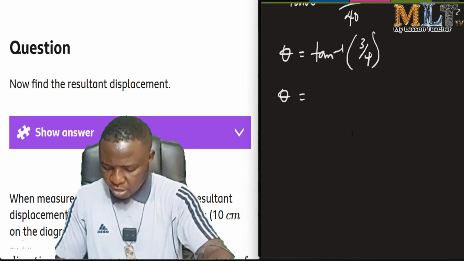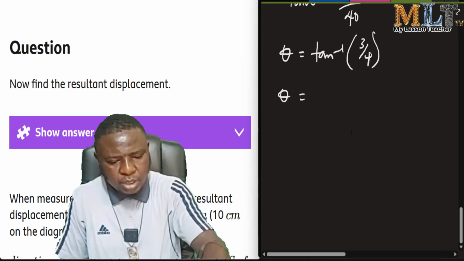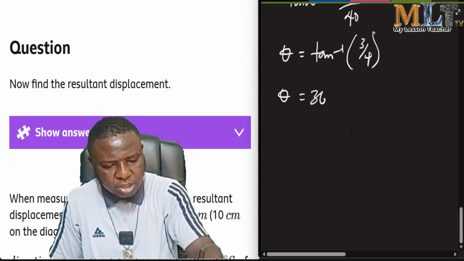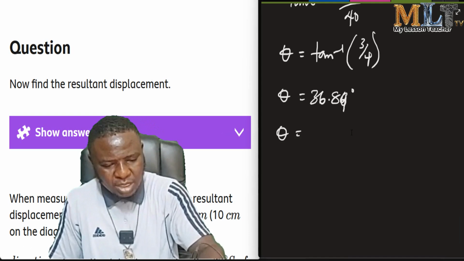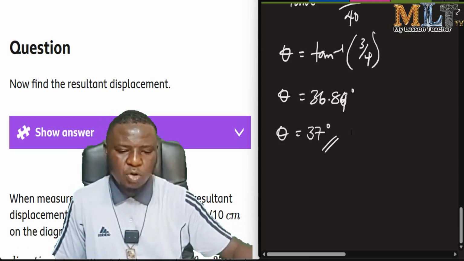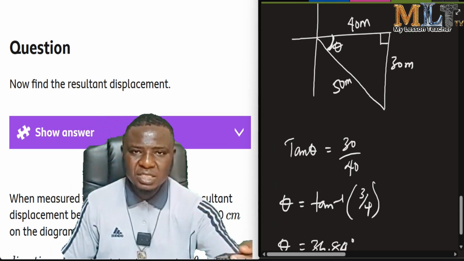When you punch your calculator, shift tan of 3 divided by 4 gives 36.86 degrees, which is approximately equal to 37 degrees south of east. So this angle tells you south of east.